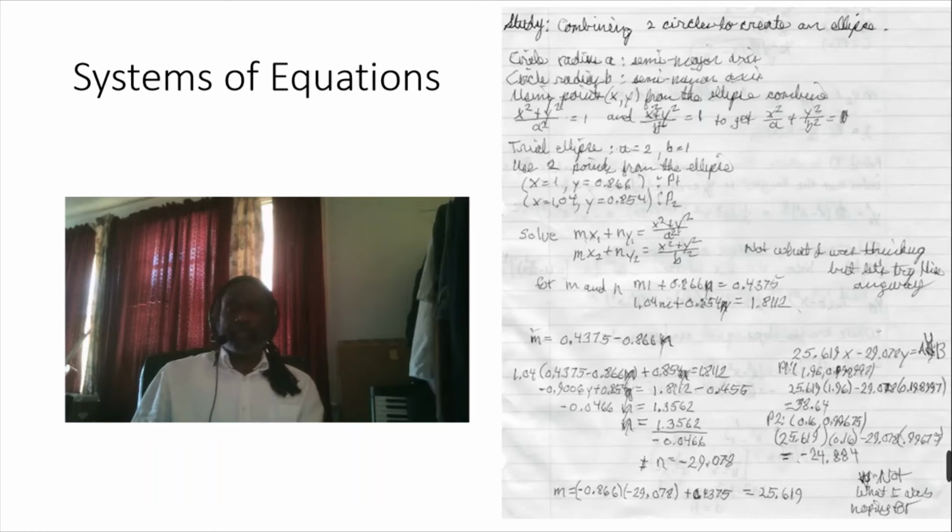So I set up the equation m times x sub 1 plus n times y sub 1 equals the formula for the major circle. Then the other equation, m times x sub 2 plus n times y sub 2 equals the minor circle formula. So that's the system of two equations and the two unknowns, m and n.